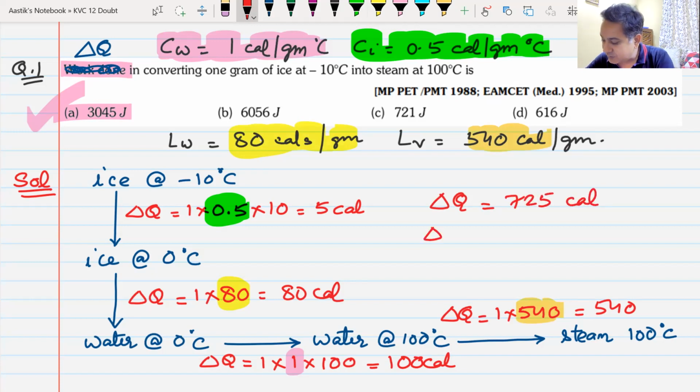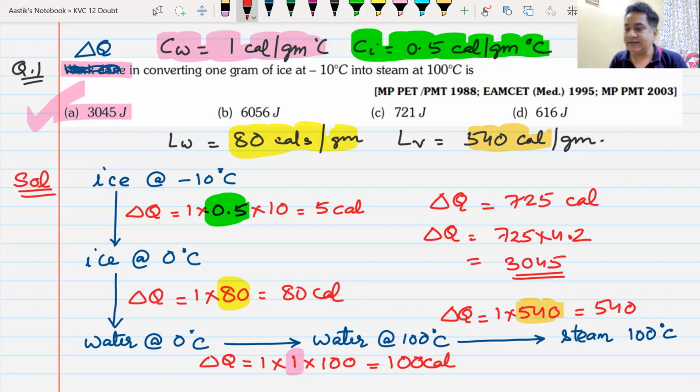I just convert it into joules. So I multiply 725 by 4.2 and I end up with the answer in joules, which is somewhere around 3045. And that is the answer we had to find. Everyone understands this? This is how I do it step by step. You can use your own methods of doing it. No problems. I have no problems. Absolutely.